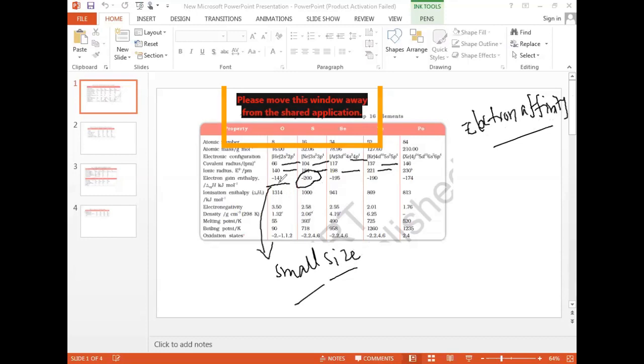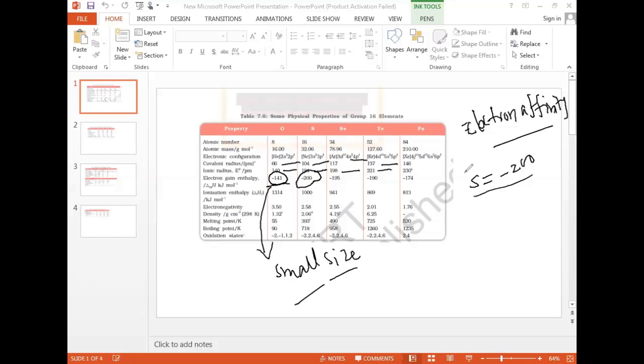We can expect a less negative electron gain enthalpy for oxygen. We can expect a high value for sulfur, that is minus 200. Very, very important in this chapter, note down this particular point: the electron gain enthalpy values in the increasing order you take.